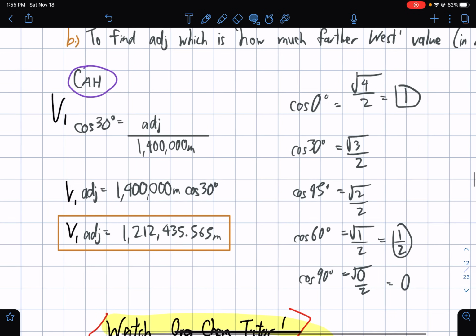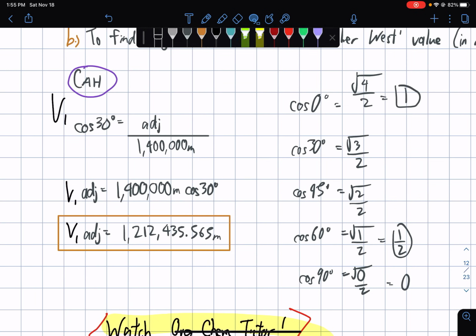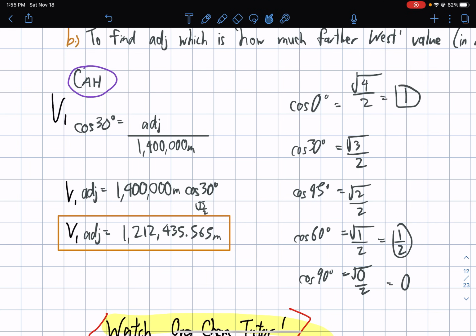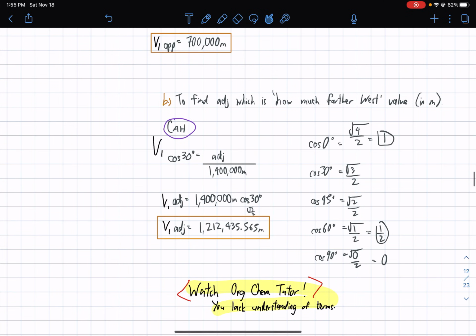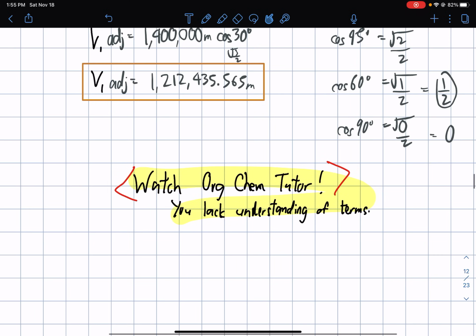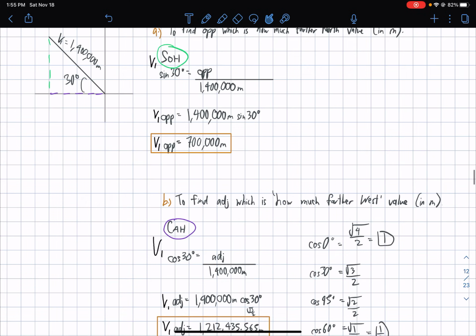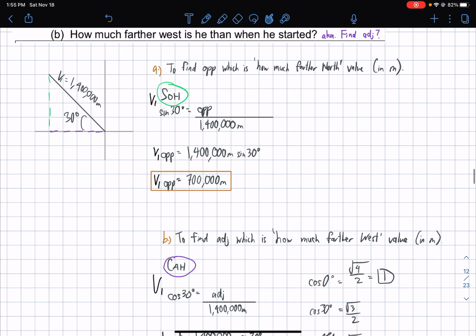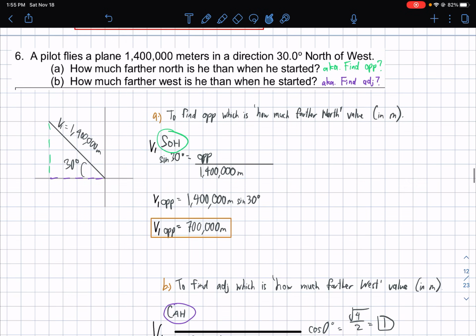But in this case, say cosine 30 is square root of 3 over 2. Yeah, good luck with multiplying that to 1.4 million. It's gonna be a decimal number. Yeah, it's calculator or computer work. Back then, I didn't really understand that much yet, but now I think I do.